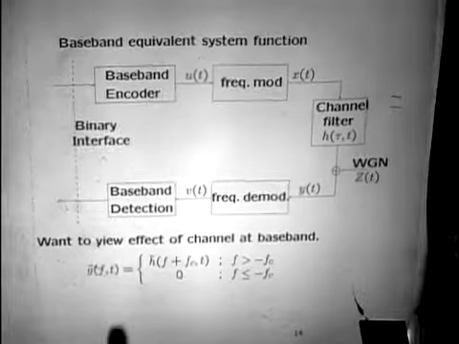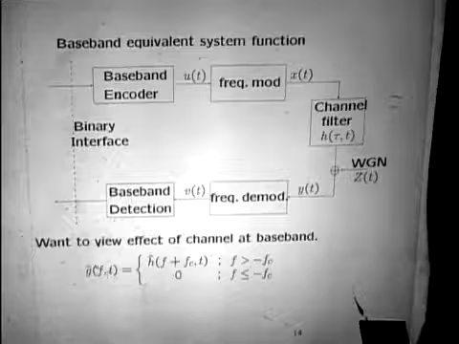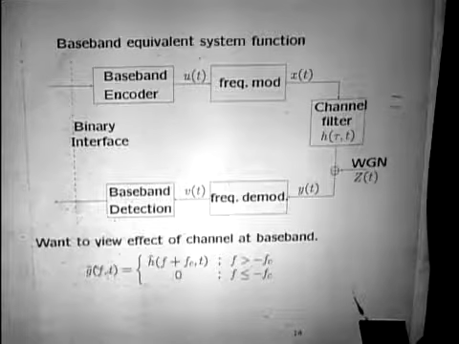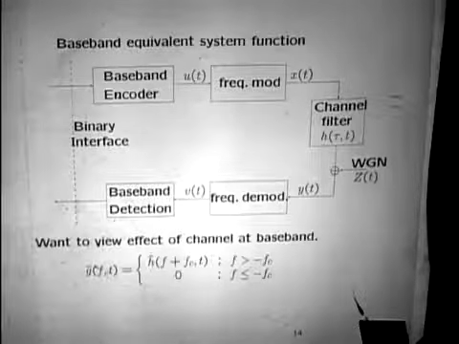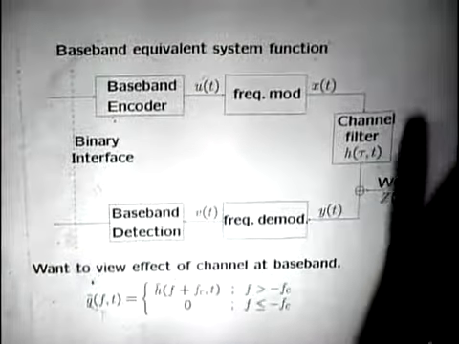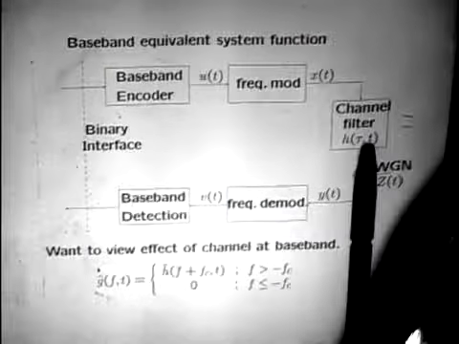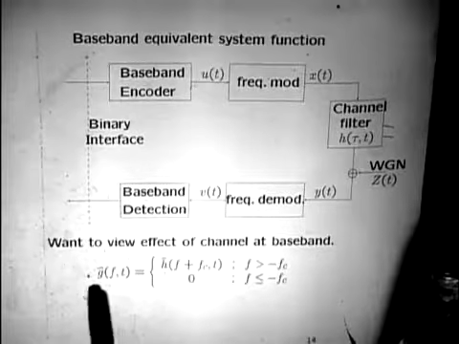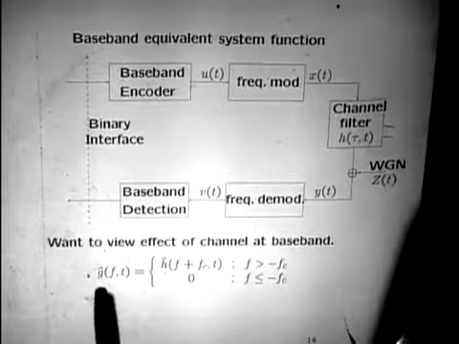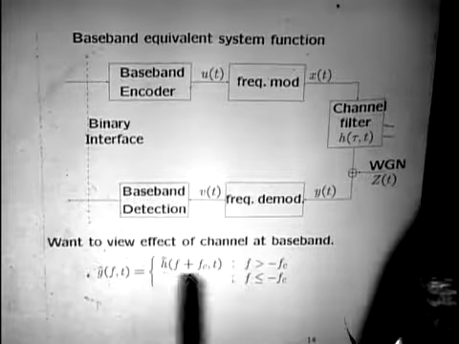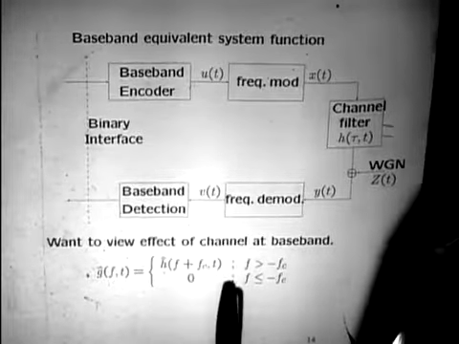And then we want to do baseband detection at this point. What we would like to do, and what will make life a little easier for ourselves, because we all get sick of looking at filters at baseband and also at passband, is to take some baseband equivalent of this filter. So the system function at baseband corresponding to this system at carrier frequency will just be this response moved down by f sub c.